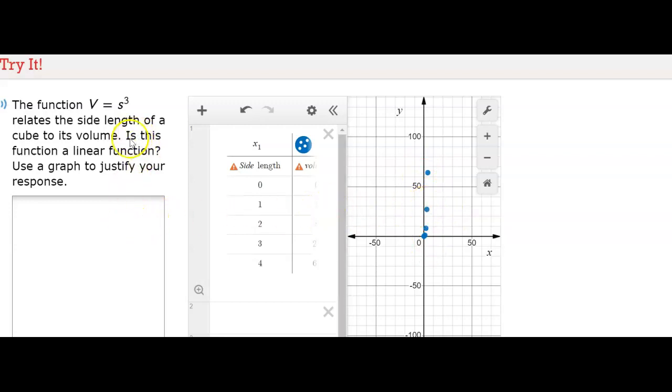So the question, is this function a linear function? The answer would be no. The line is not straight, which makes it not linear. This would be a non-linear function.